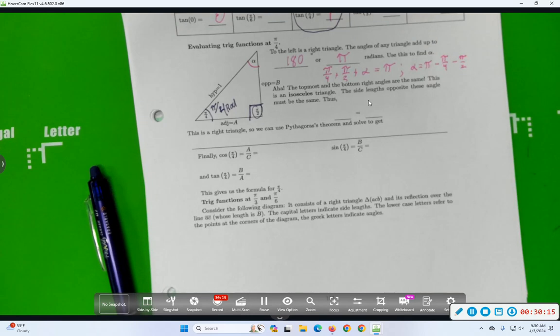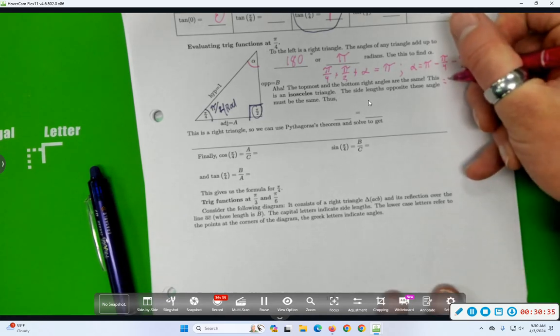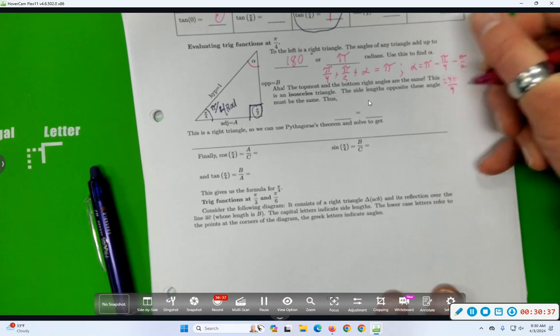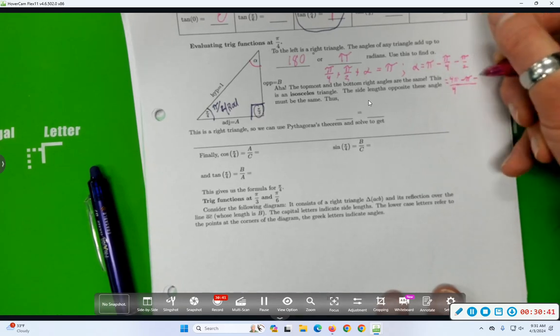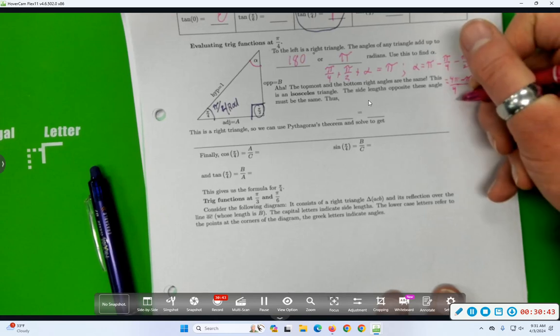And let's see, I see a bunch of subtracted fractions. So if you wanted to do it very algorithmically, you need to get a common denominator. What's the common denominator between the lot of them? 4. So this is 4 pi over 4 minus pi over 4 minus 2 pi over 4.